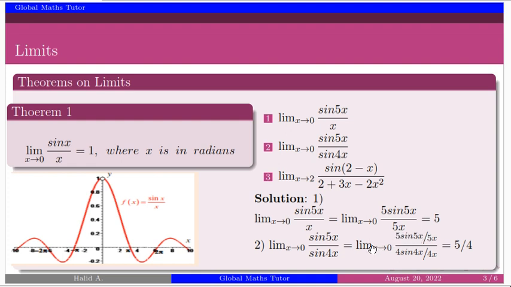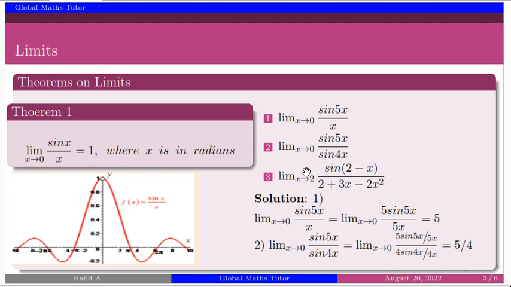Then from limit laws we can take the limit of the numerator and the limit of the denominator each, and do the division operation. So the numerator will be 5 times 1, so it is 5 as we did before, and 4 times sine 4x over 4x is 4 times 1, which is 4, so 5 over 4 will be the last.